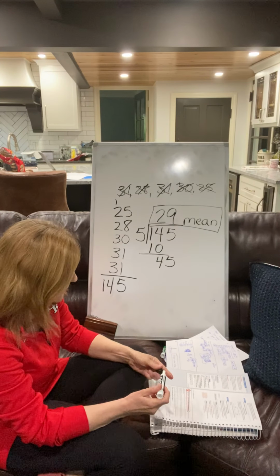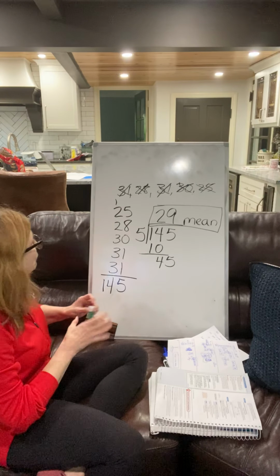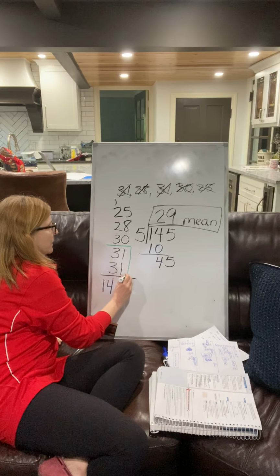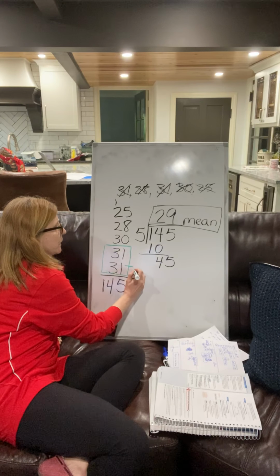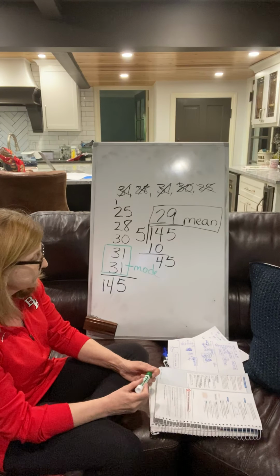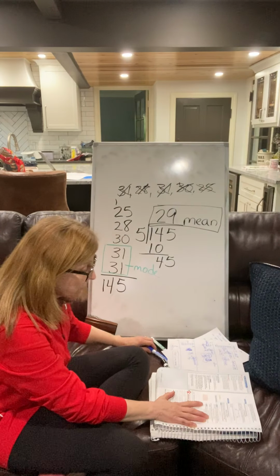Okay? All right. The next thing I need to find is the mode. Which number occurs the most? Here it is, right here. 31 is on there 2 times, so there's my mode. The next thing is the range.